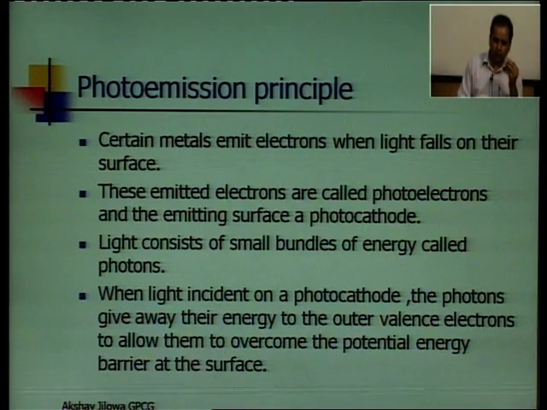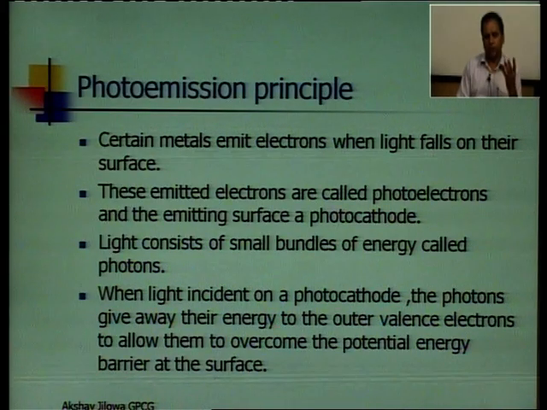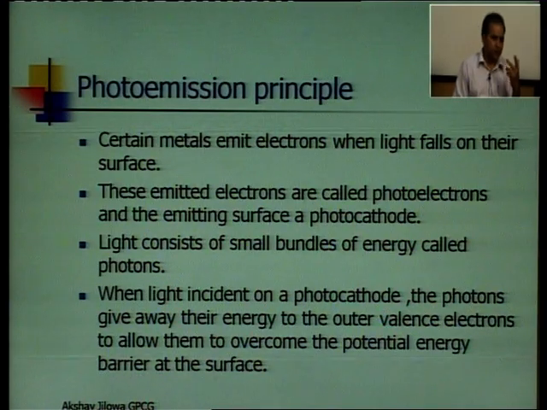Energy associated with the photon is transferred to the electron, and the energy of the electron becomes so high that it crosses the potential barrier, and from its original state of revolution around the nucleus, it comes out.